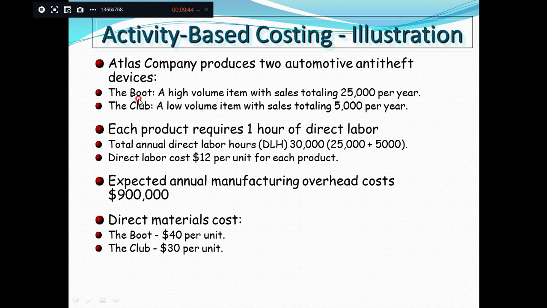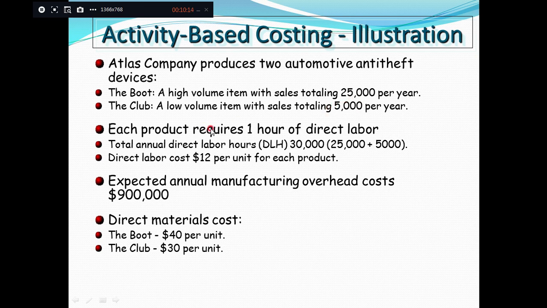So the boot is a high volume item with sales totaling 25,000 per year. As we said, the company produces two products, the boot and the club. The club, which is the second product, is a low volume item with sales totaling 5,000 per year.